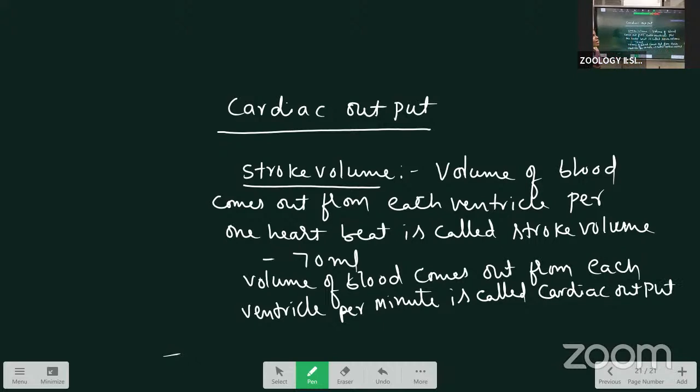Here, per one beat, how much volume of blood comes out is called stroke volume. Next, the volume of blood that comes out from the ventricle per minute, we call cardiac output.